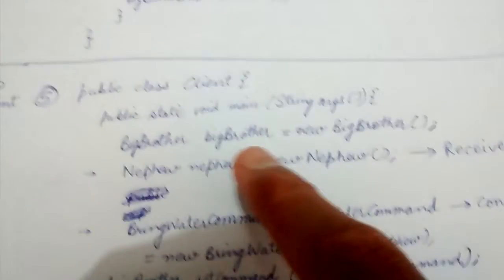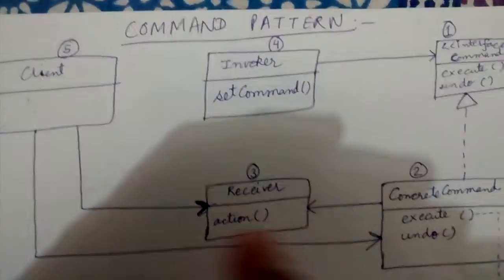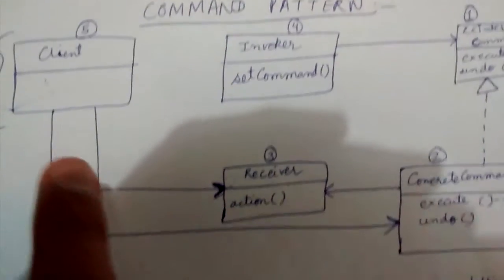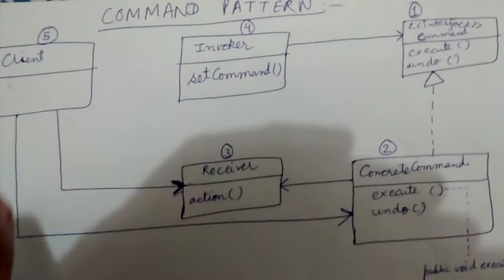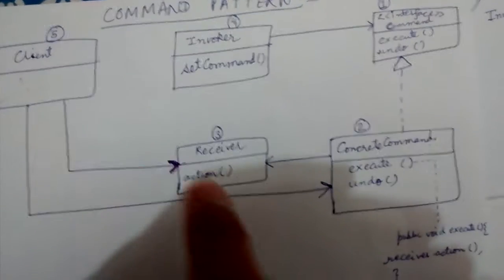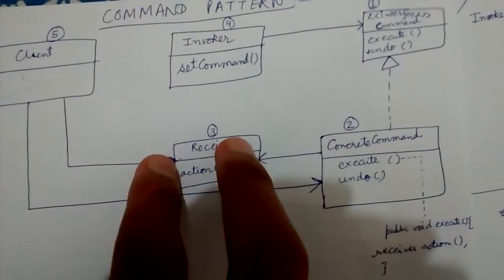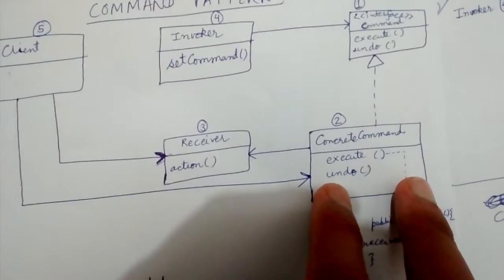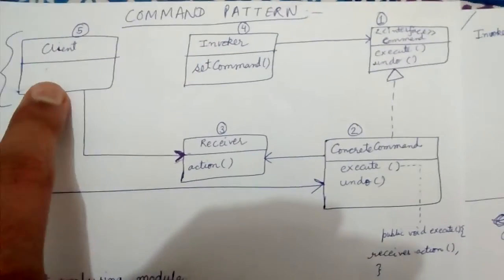These big brother things, the invoker's things, we need not do in the client class, because it's optional. You can see this client is not directly related to the invoker. It creates a concrete command object, it creates a receiver, and it passes the receiver to the concrete command's constructor. So basically that's the task of a client.